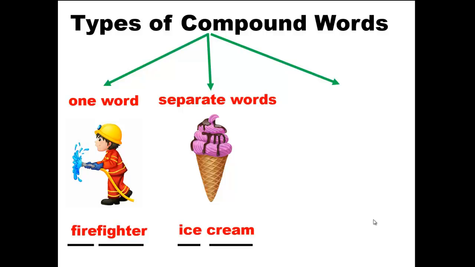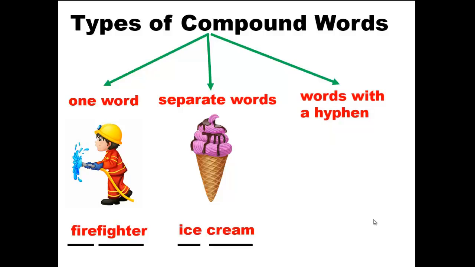How is the compound word written? It's written as two separate words, but the two words are used together to refer to one item, which is the ice cream. That's why the two words make up a compound word.